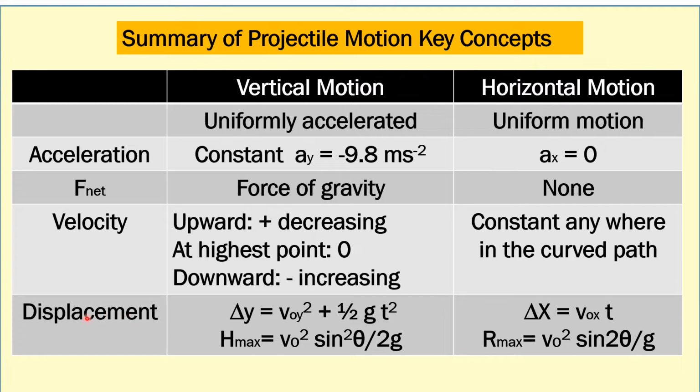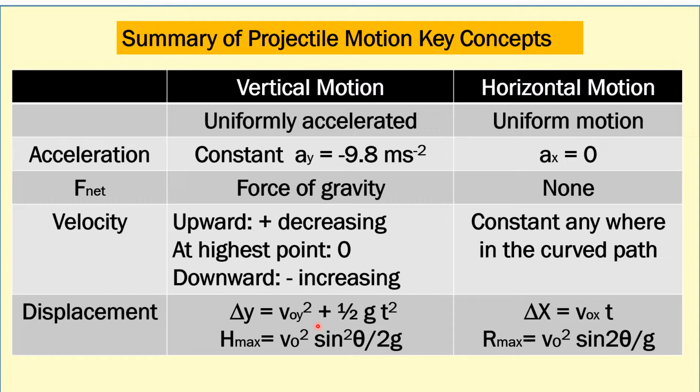For the vertical component of the motion, we use this formula in determining the change in y, or the change in the vertical displacement. It looks familiar because this is the kinematics formula that we have been using in our analysis of kinematics.